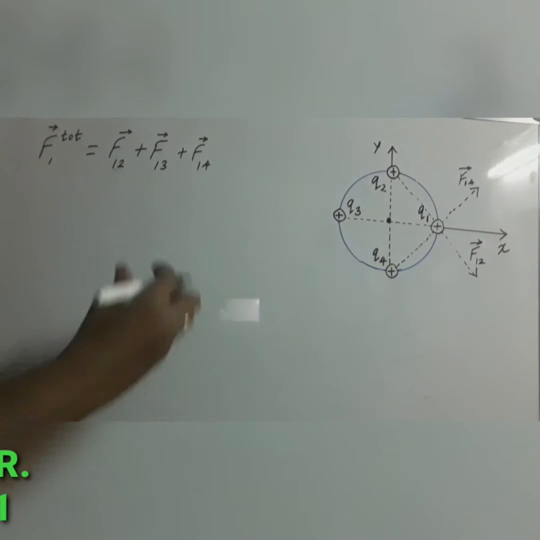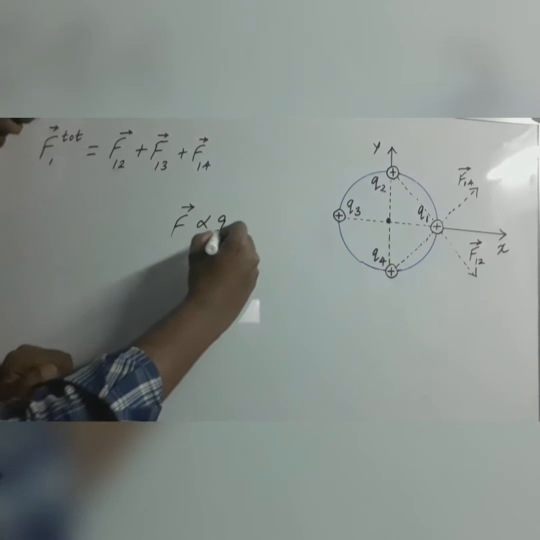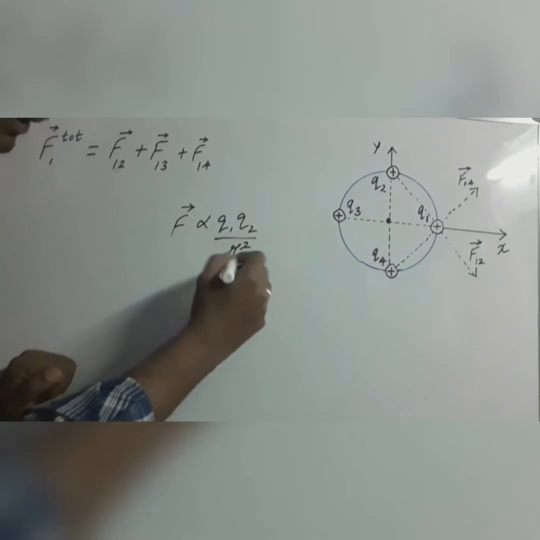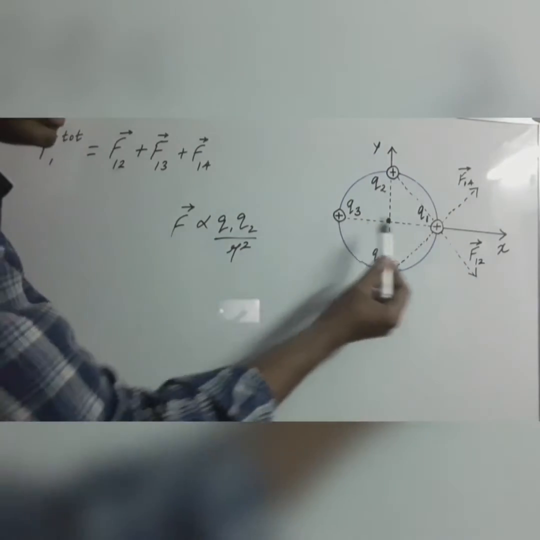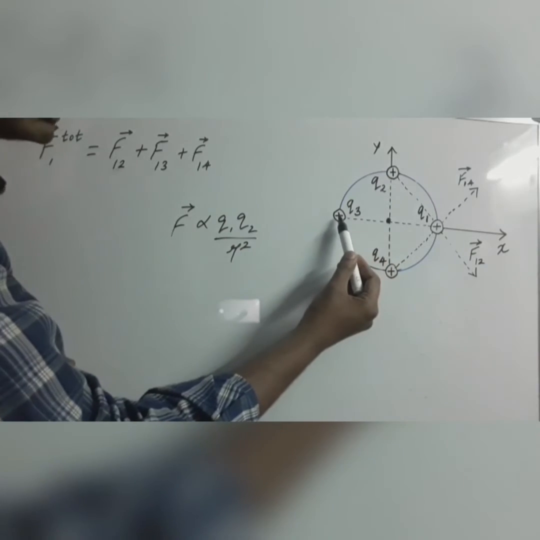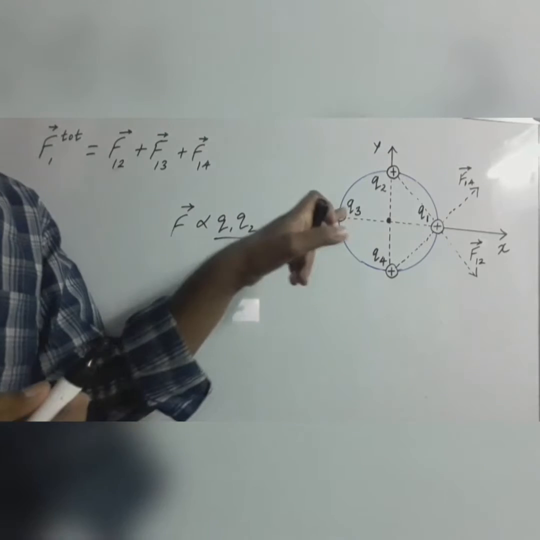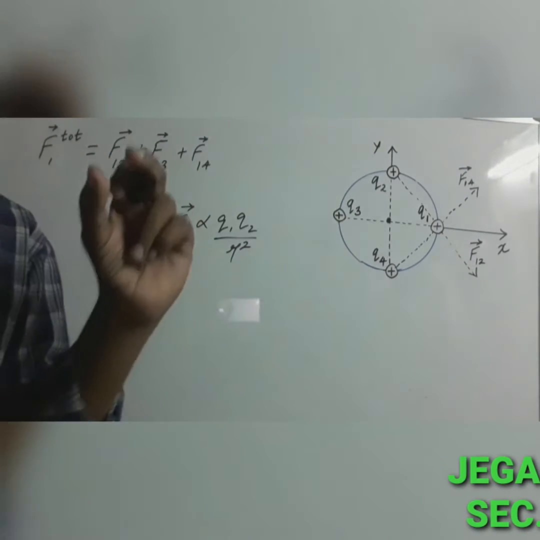Because you know the expression for force: force is directly proportional to the product of the charges and inversely proportional to the square of the distance between the two charges. Compared to the other two charges, Q3 is at a greater distance, so the force will be reduced. So the force given by the third charge, F13, is small.